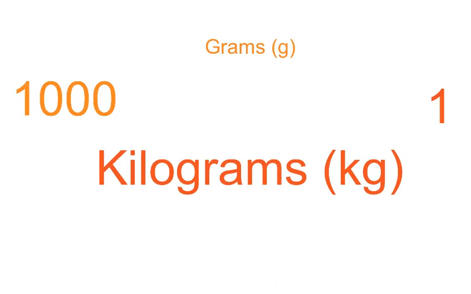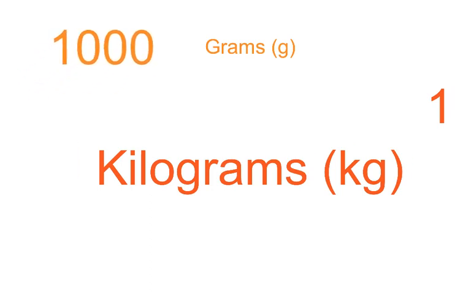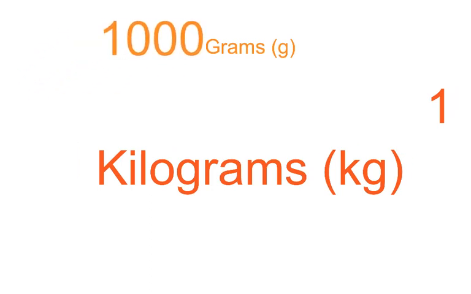So from the lessons that we've done already, you should know that there are 1,000 grams to each 1 kilogram. Now that's really important for you to remember. 1,000 grams makes up 1 kilogram.